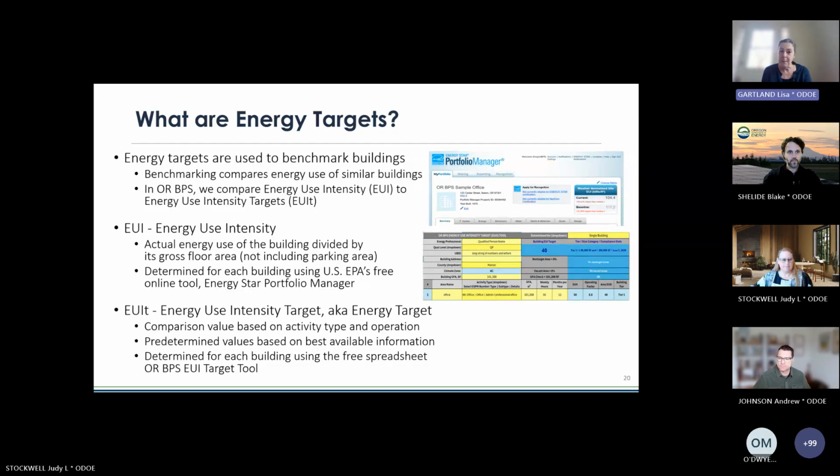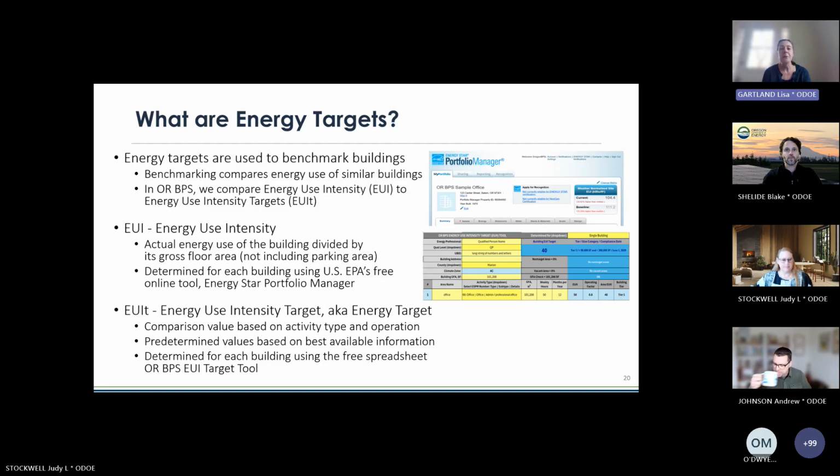So I'm using this term energy use intensity. What is it? It is the actual energy use of your building over a year divided by its gross floor area. So that's the square footage of your building. And we never include parking areas when we're calculating this.